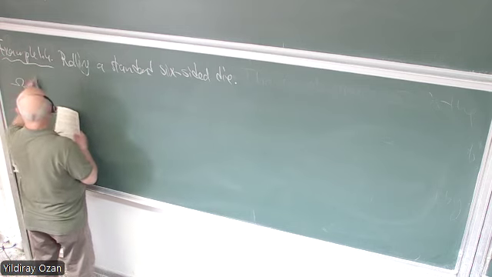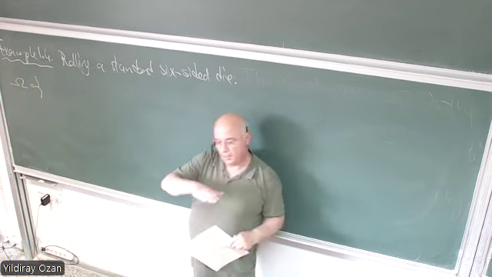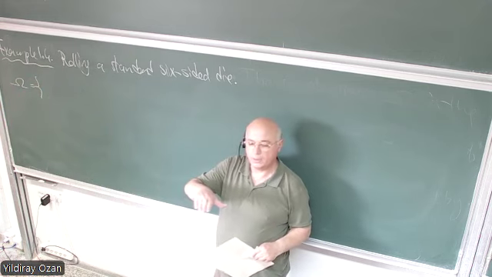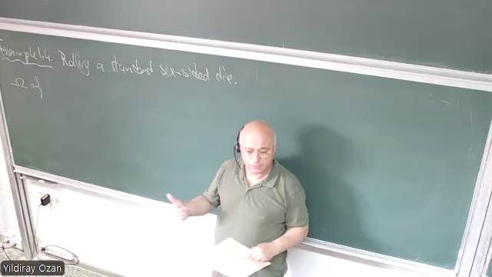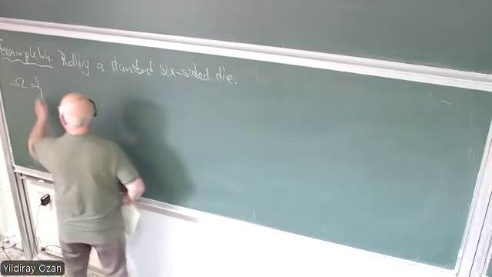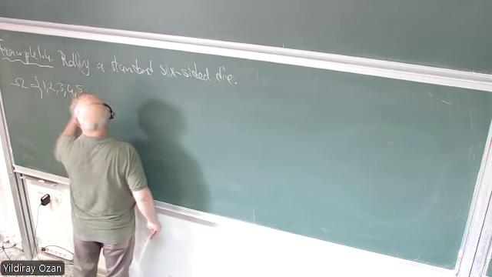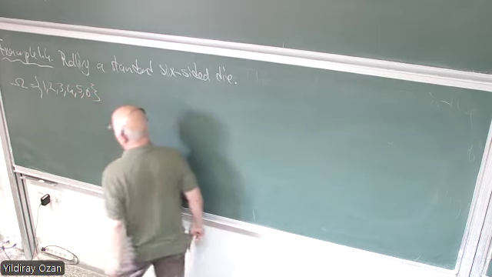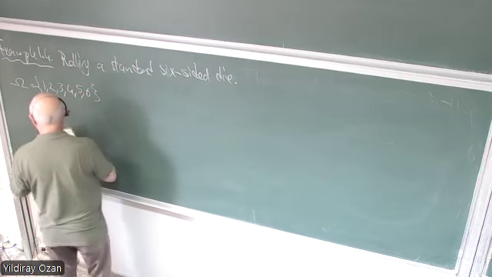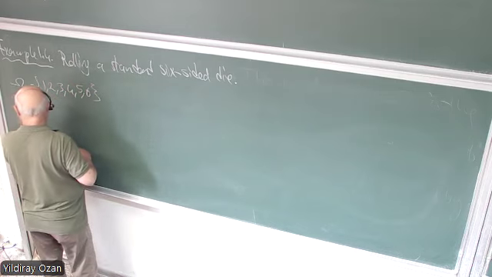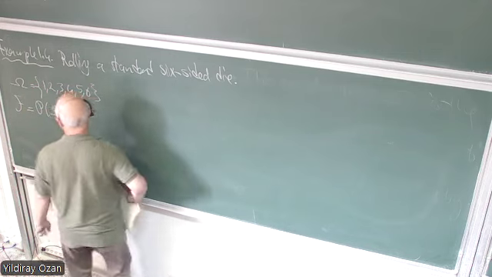So in this case, we roll a die and the number on the top is the result of the experiment. So what are the results? It can be anything between 1 and 6. So this is our sample space, and our set of events is just the power set of this.